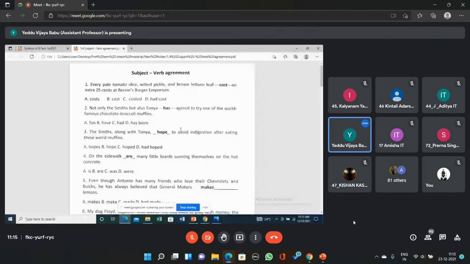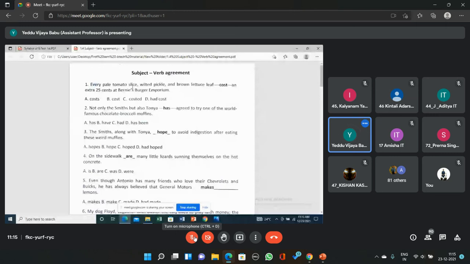Every pale tomato slice, wilted pickle, and brown lettuce leaf blank an extra 25 cents at Benny's Burger Emporium. So what is the right one? Some clues are given: costs, cost, costed, had cost. So here, every is a clue for us. Every plain tomato slice is singular. Then wilted pickle, comma, is another one.